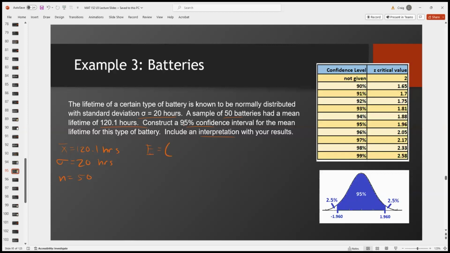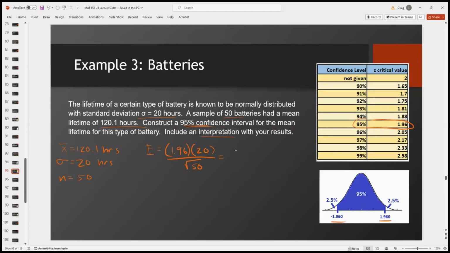which is for a 95% confidence interval. We want the critical z value to be 1.96 times the standard deviation divided by the square root of the sample size.